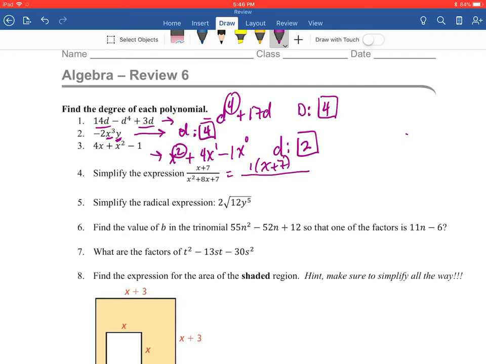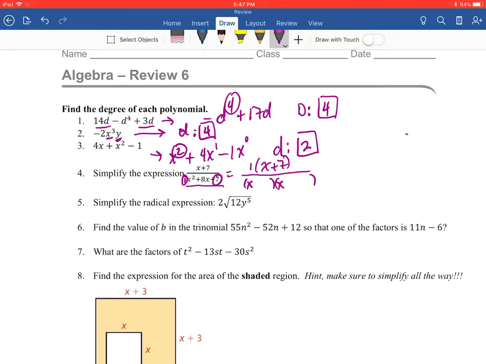Now, the denominator, I have a quadratic trinomial. So that means that I can factor. When I factor a trinomial and it's a quadratic, I'm going to have two binomials here. And I'm going to look at my C value. Since my A value is 1, I'm just going to look at my C value.